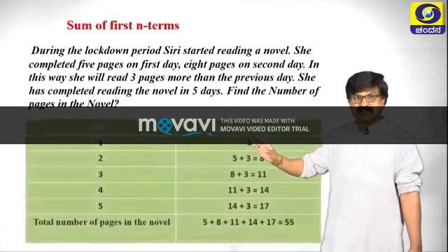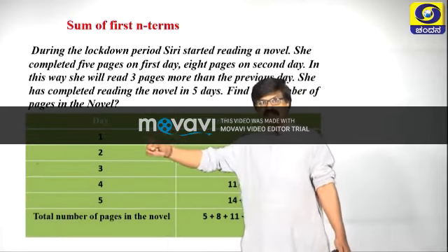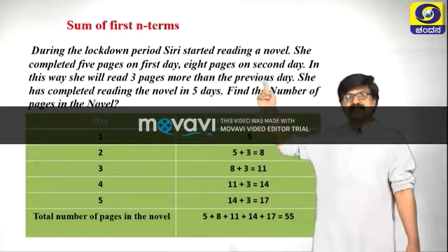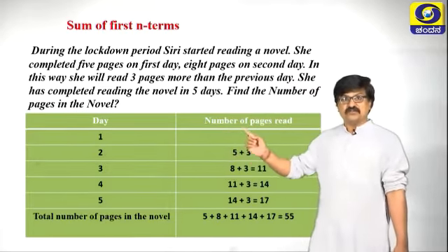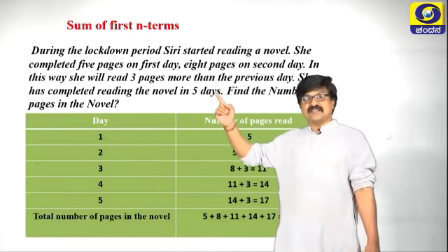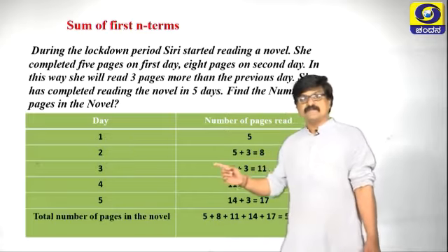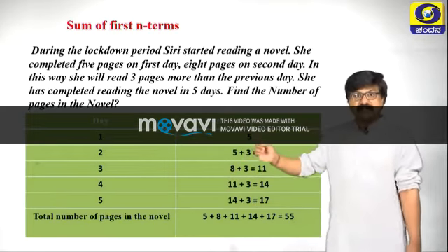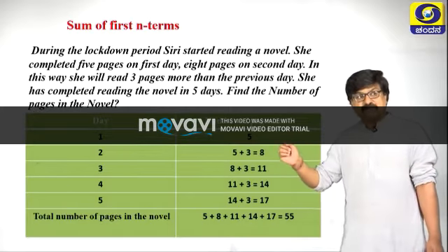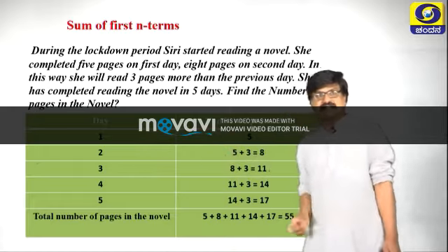For this, let us observe this table. Day 1, how many pages is Siri reading? 5. Second day, 5 plus 3, because 3 pages more than the previous day, 8. Third day, 8 plus 3. Fourth day, fifth day, like this I am getting the number of pages read by Siri on these days.